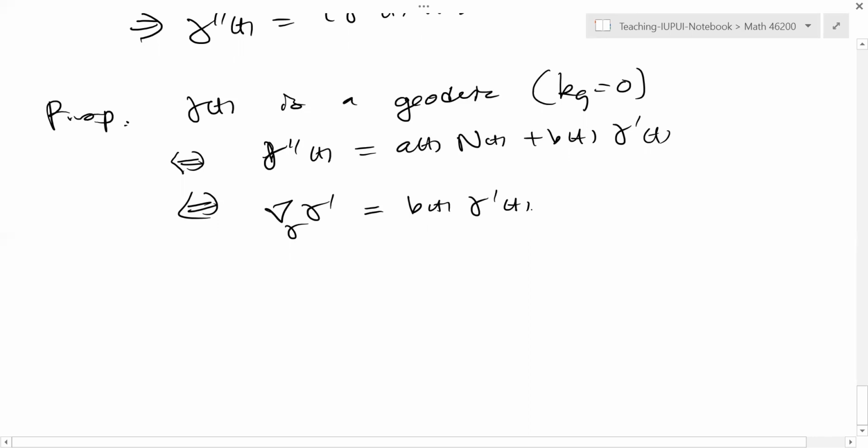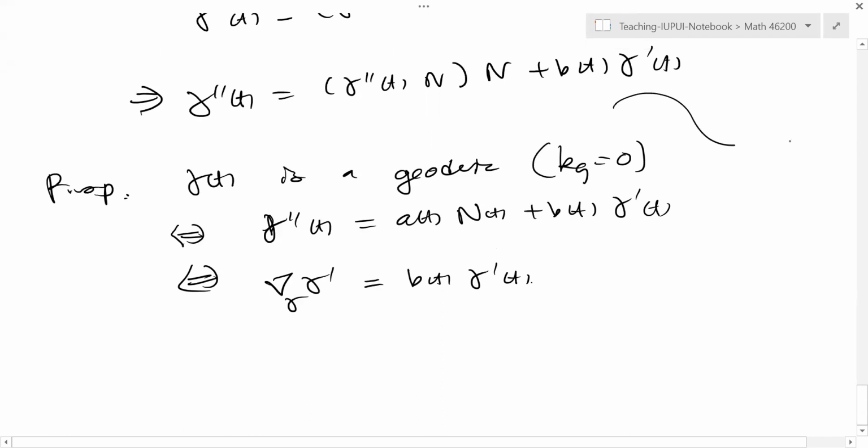In my opinion, if I wrote this book, a curve is geodesic as an object, so that should be independent of the choice of particular parameterization. So a curve C, that is the image of some map, is a geodesic if there's some parameterization, that's enough, such that the second derivative has zero geodesic curvature.